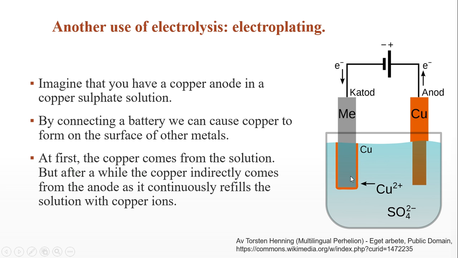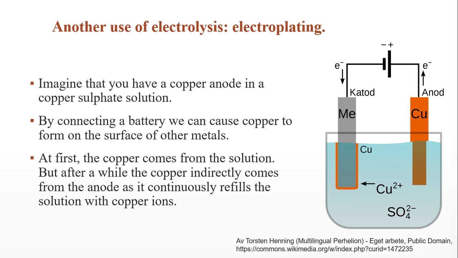The positive ions meet up with them. But over time, as more and more of the copper anode is being dissolved and goes into copper ions, it sort of refills ions here as we go along, as long as we have copper. And then eventually it will be the anode that is being plated onto the cathode in this way.